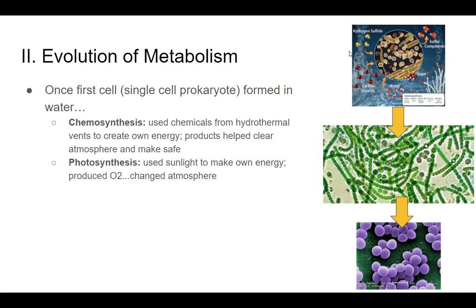Photosynthesizers are way more efficient at creating their own energy than chemosynthesizers are, which was the benefit here that supports the idea that now the majority of life becomes photosynthetic. It becomes an advantage if you can photosynthesize because you have an abundant source of energy and you're more efficient at creating your own energy.